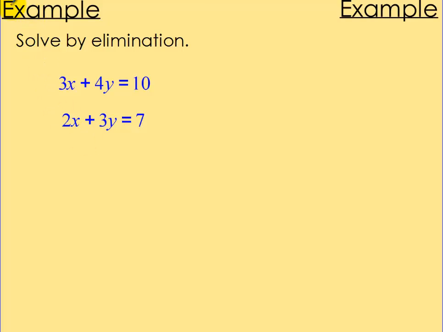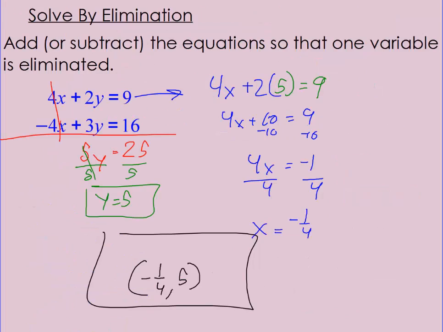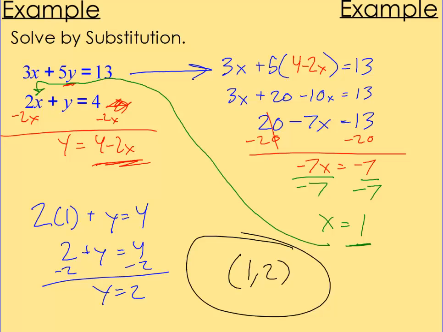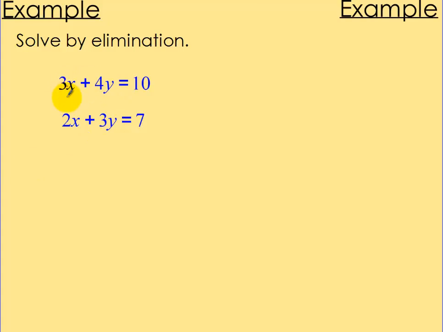Okay, I'm going to solve by elimination. So let's say, is this the same one I just did? No, it's not. Okay, so let's say I want to get rid of the x's. So I'm going to choose to multiply the top one by 2 and the bottom one by -3. That will eliminate it. So when you distribute the -3 and the 2, this will be -6x minus 9y equals -63.